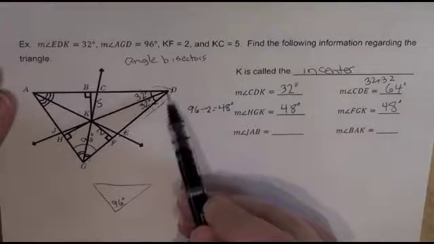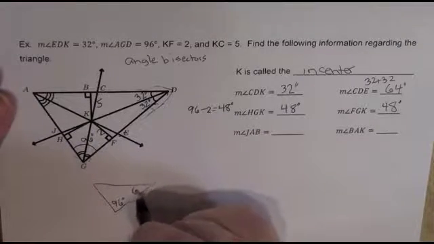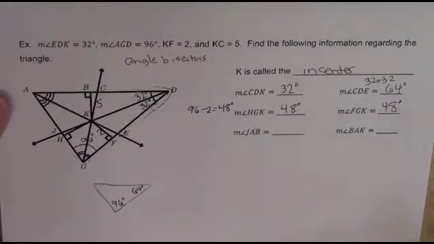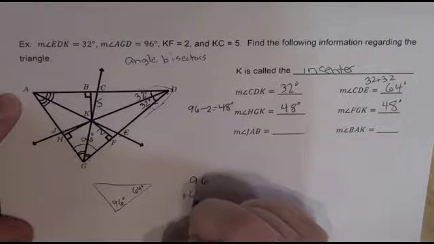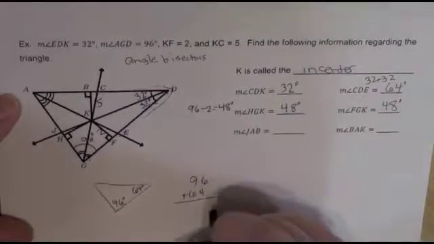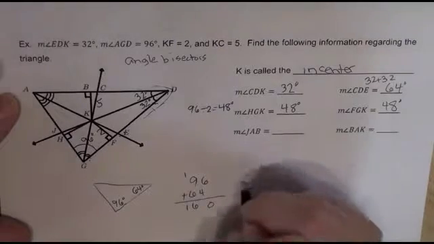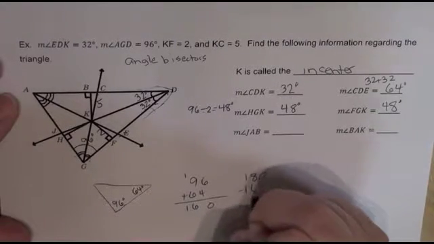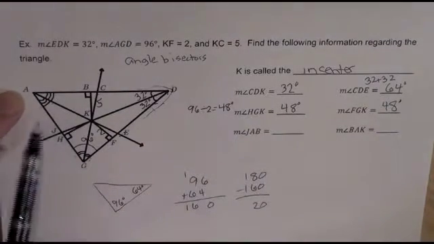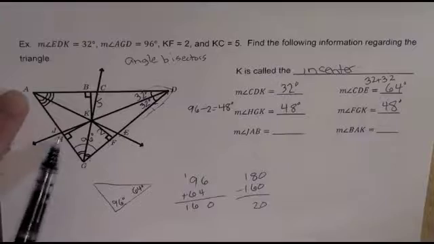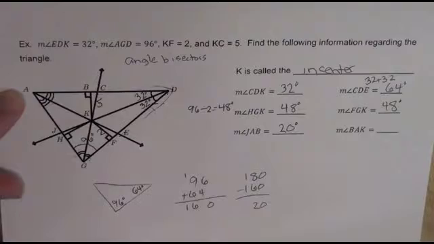The angle up here, we already determined CDE was 64 degrees. And we can actually find the third angle. 96 plus 64 is 160. So 180 minus 160 is 20. We know that this angle up here, JAB, the big angle, needs to be 20 degrees.